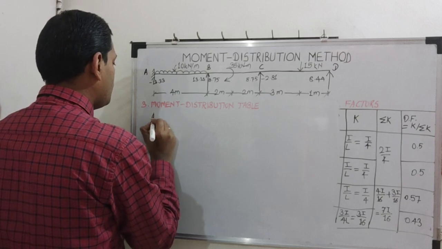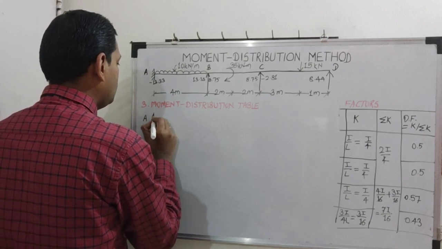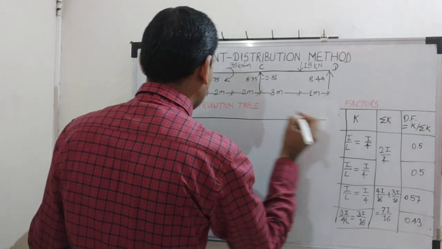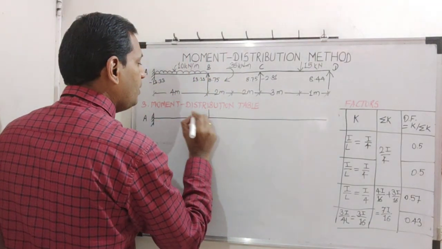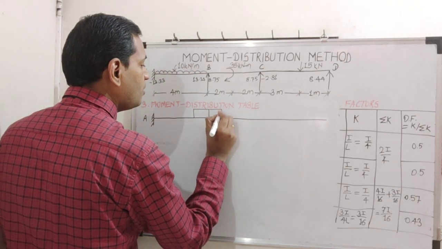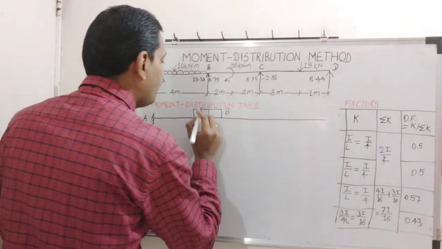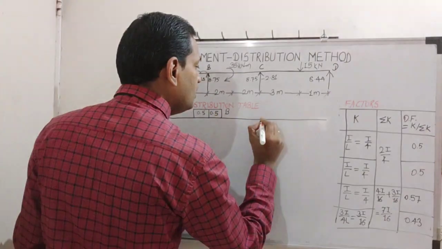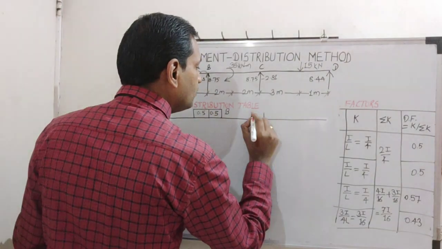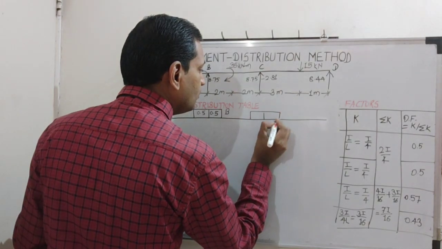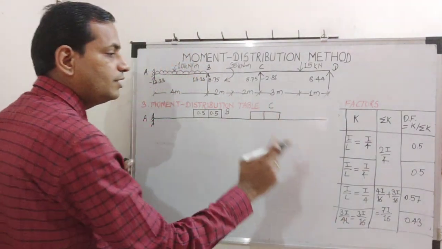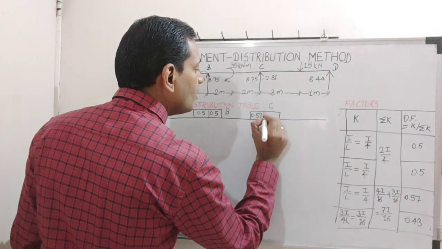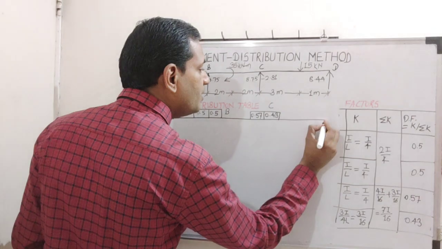So here is our first end A. On joint B, we have two distribution factors. One factor is 0.5, another is also the same. Then joint C. So on joint C, we have 0.57 for member CB, 0.43 for member CD.